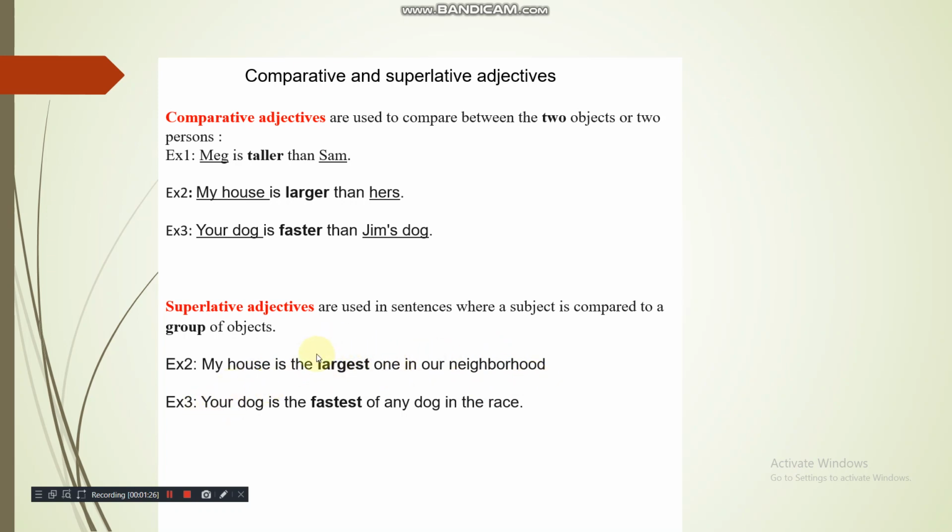So we use superlative adjective. And for superlative adjective, we add est at the end of the adjective. Example 2, your dog is the fastest of any dog in the race.